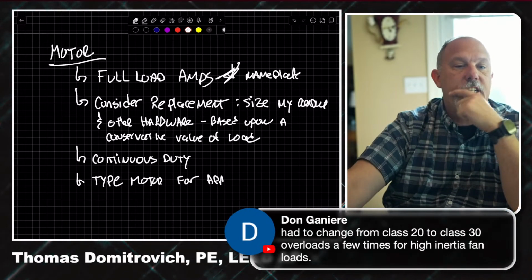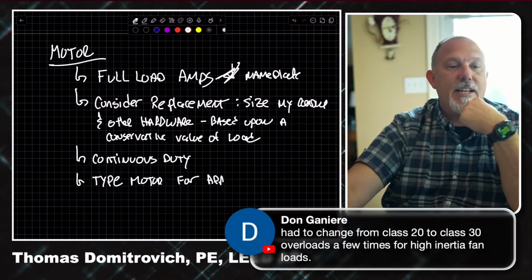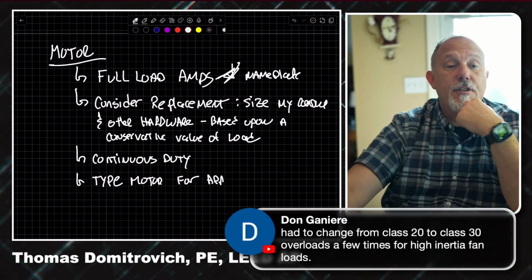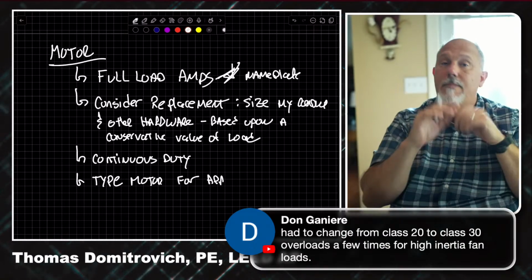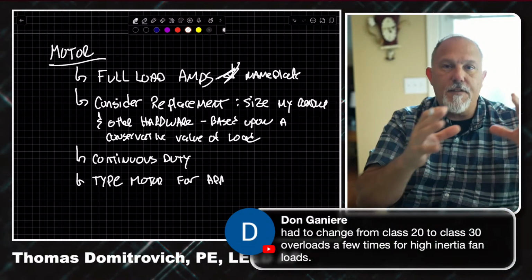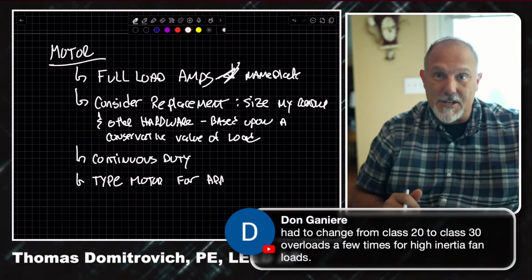Dawn says, had to change from class 20 to class 30 overloads a few times for high inertia fan loads. That's a very good point, Dawn. So you'll have the base, but you didn't have to change the conductors, right?